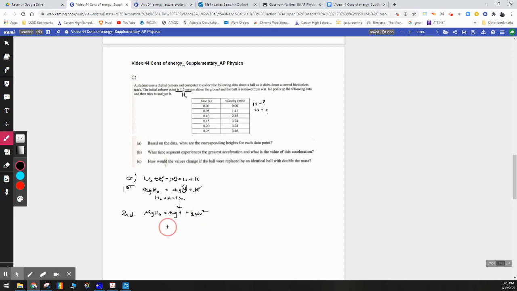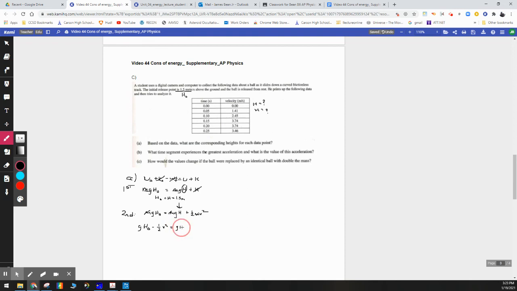I'm going to bring this over to the other side. So we'll have gh0 minus 1/2 v squared is equal to gh.